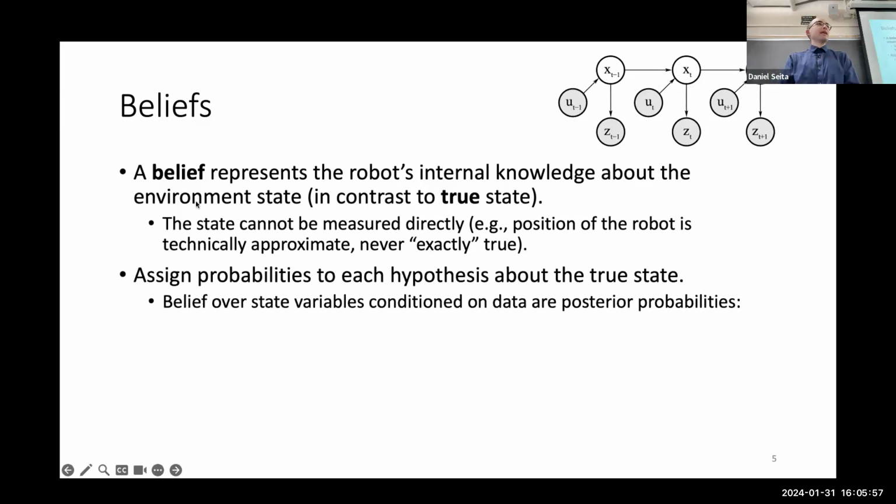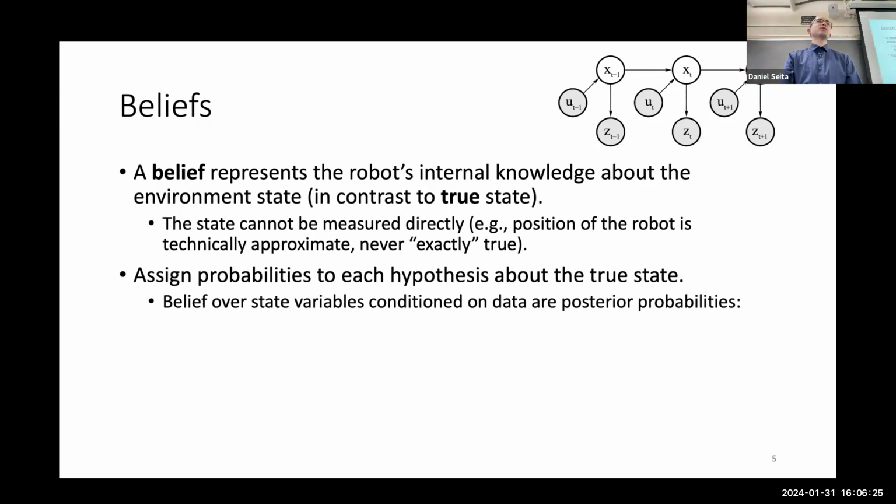What beliefs do, if you remember from last classes, is give a distribution over all the possible states that could happen. If you imagine a discrete set of states, like two possible states, the door is open or the door is closed, then a belief is a distribution, so you assign some probability to the door being open or closed.